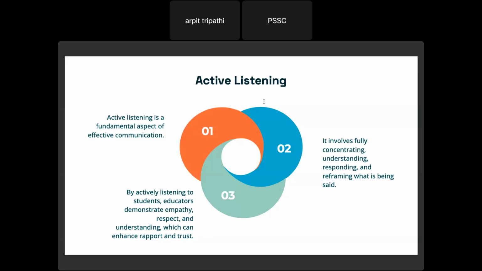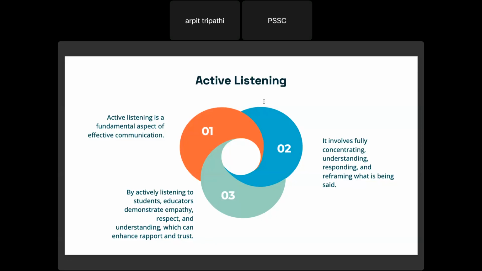Also, when students feel that their voices are heard, respected, accepted, and valued, they are more likely to develop a sense of connection and trust with their teacher, and it leads to a more supportive and inclusive learning environment inside the classroom.